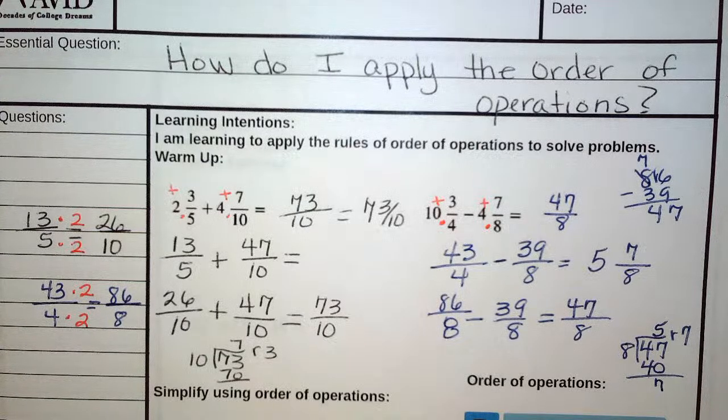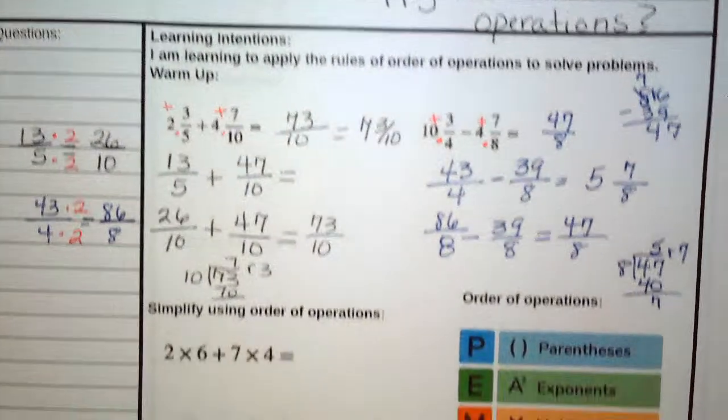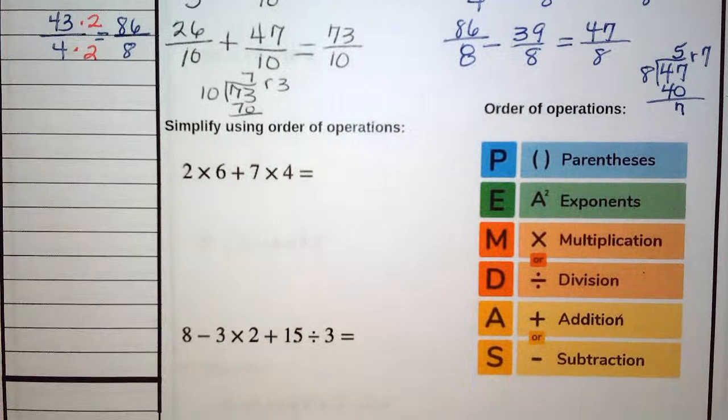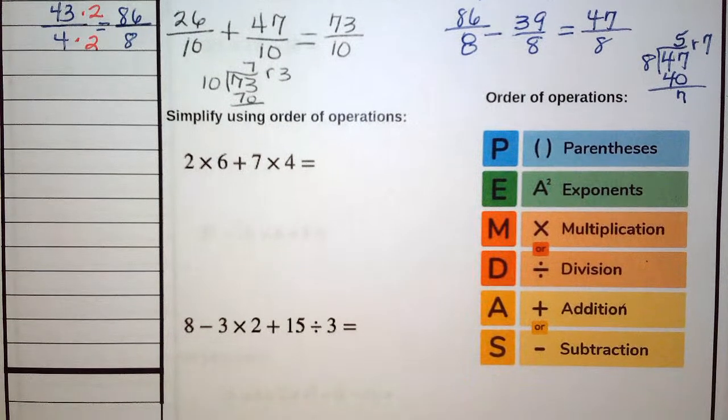Hopefully this is kind of a good review. We need to keep working with fractions till we get more comfortable with them. But now let's go into what we're looking at today. We're looking at order of operations. If you look at it, PEMDAS is the acronym we use.